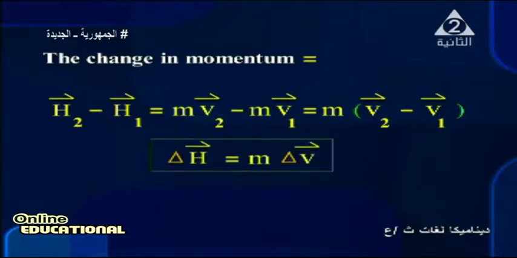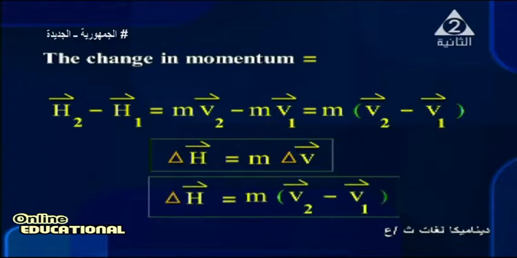Then delta h, where delta is the symbol of the change in momentum. Delta h vector equals m times delta v vector, or delta h vector equals m between two brackets vector v2 minus vector v1. Then delta h equals the mass of the body multiplied by the change in its velocity.